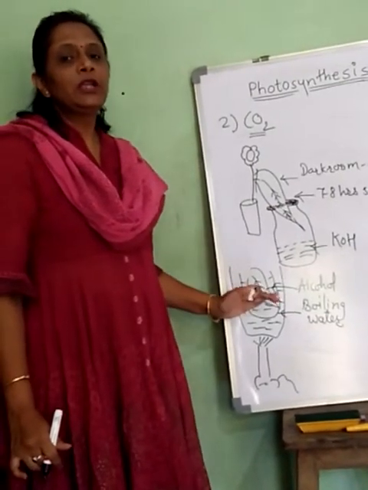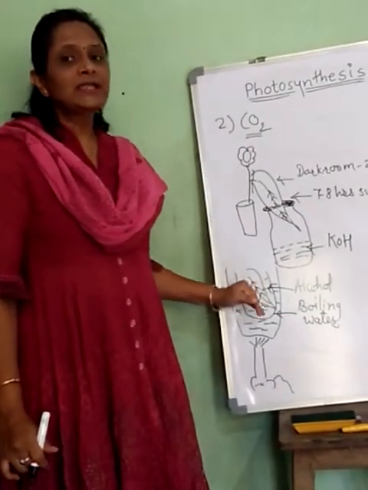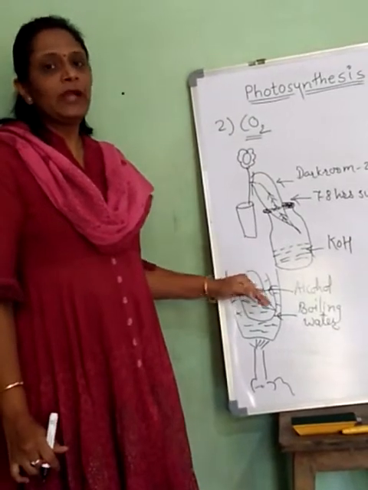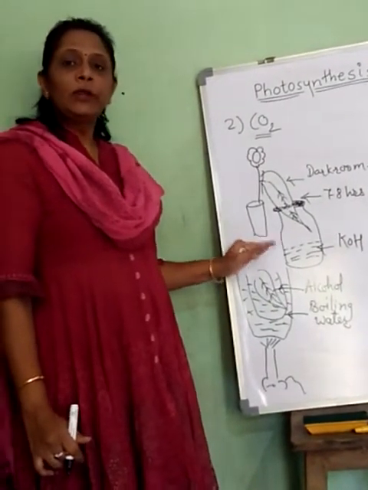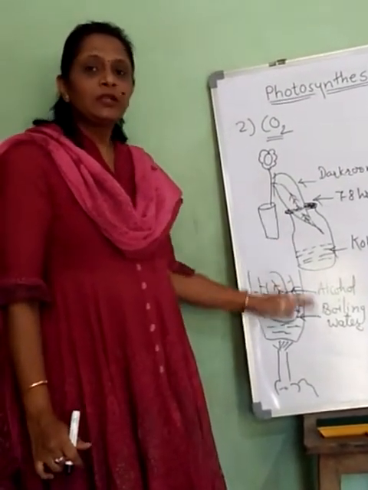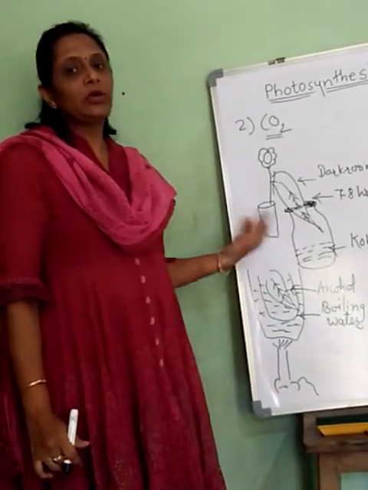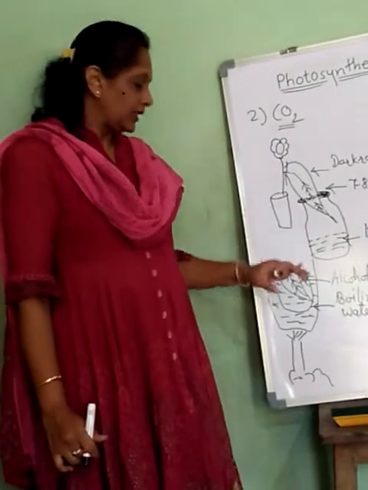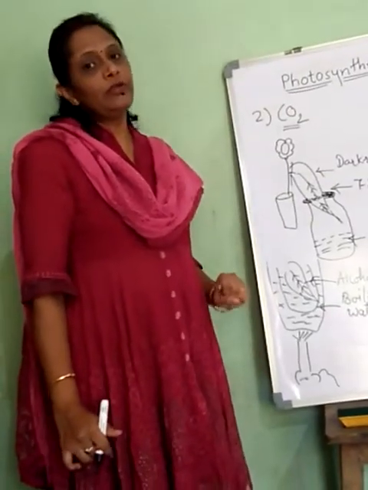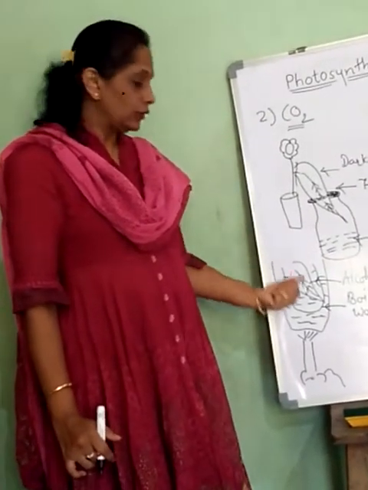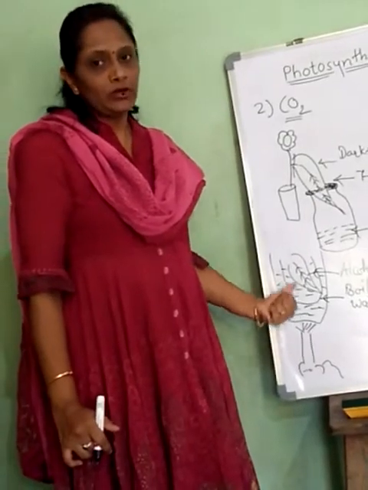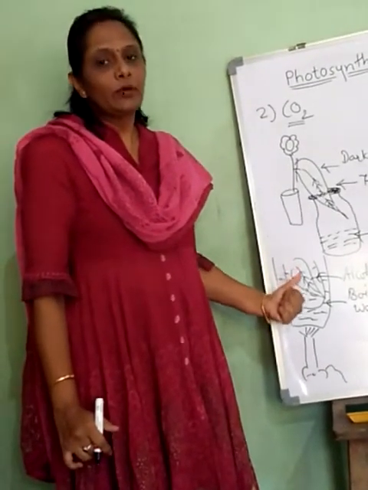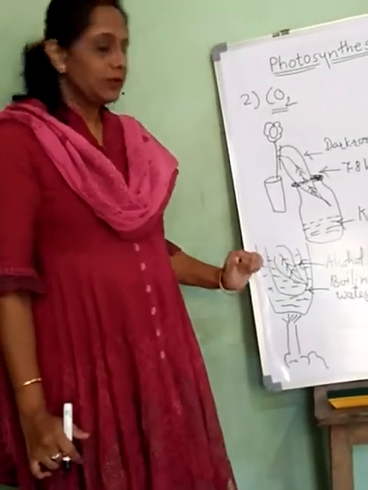This is a particular method of decolorization of the leaf. That means whatever chlorophyll is present in the leaf is dissolved in the alcohol. When the alcohol becomes hot, it absorbs the chlorophyll from the leaf. So we are double boiling to remove the color, the chlorophyll, from the leaf.